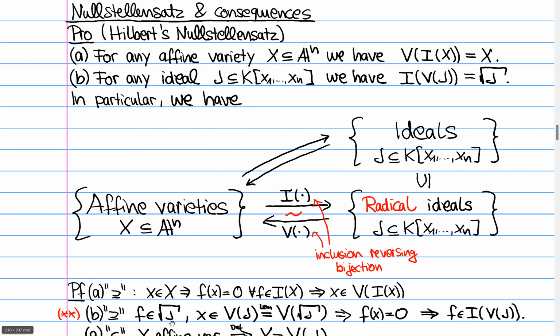So then, because f is in the radical, in fact, f of x is equal to 0 for all x in this vanishing set, and thus f is in the ideal of the vanishing set. So again, not much has happened except that we used this short lemma.